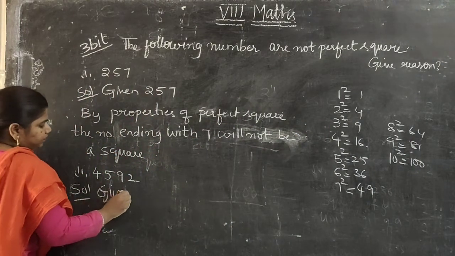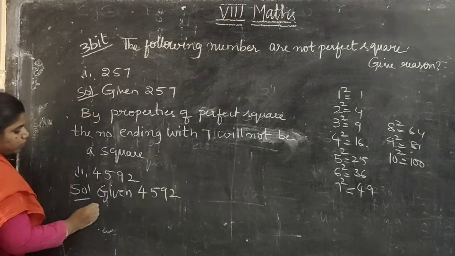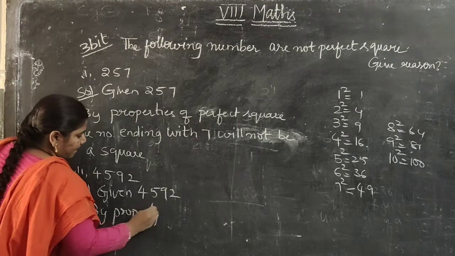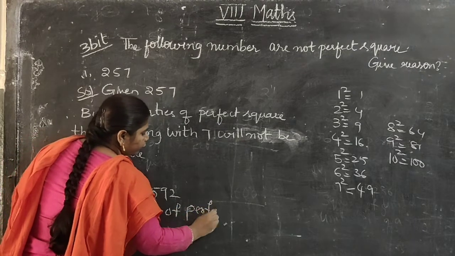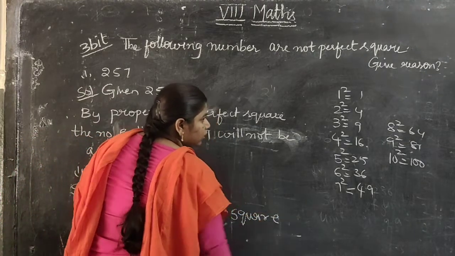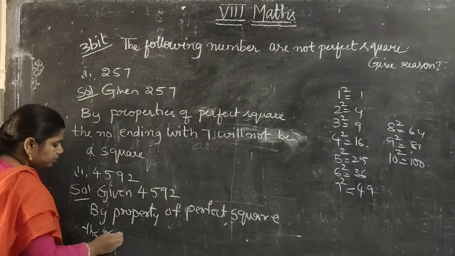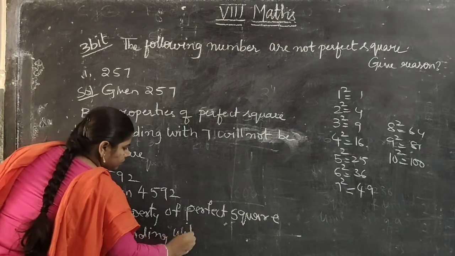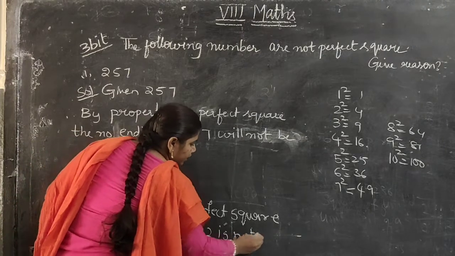So given 4592, by the property of perfect squares, a number ending with 2 is not a perfect square.